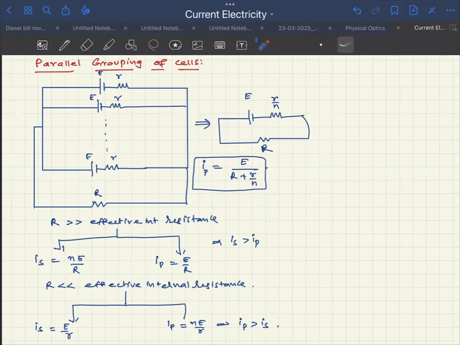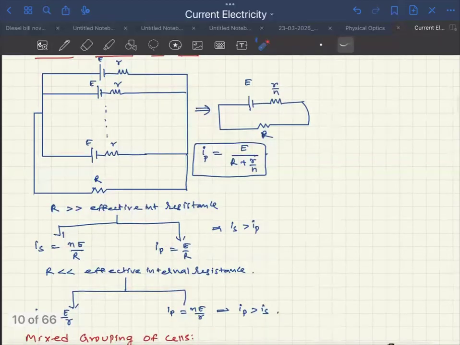If equal resistances, small r, are connected in parallel, the effective internal resistance becomes r by N. Now the entire arrangement becomes a single source of EMF E and internal resistance small r by N. Rest everything is the same, our own same formula: EMF divided by load resistance plus effective internal resistance.